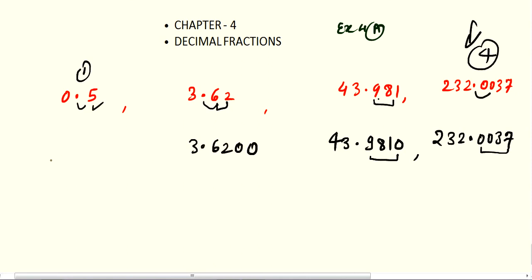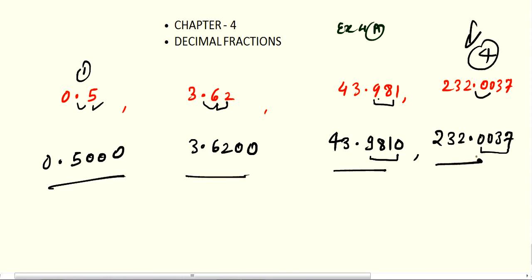What about this? Only one place? Don't worry, 0.5000. Now you can see in all values you are having equal decimal places. Clear? So this way you are supposed to convert the given decimals into like decimals. By mistake it is written like fraction.